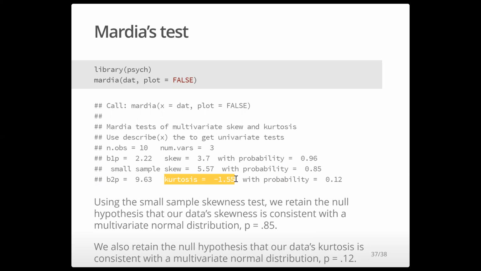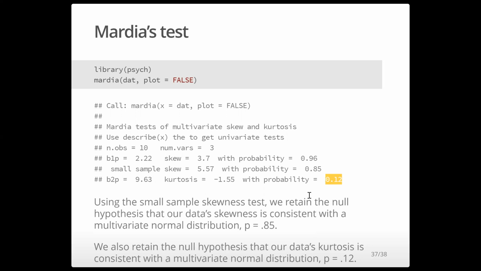And so the test statistic is negative 1.55. Remember, p times p plus 2 is the expected value for this. So we have 3 variables, so that would be 3 times 3 plus 2, so that would be 15. So this is obviously less than 15, which is why the test statistic is negative.